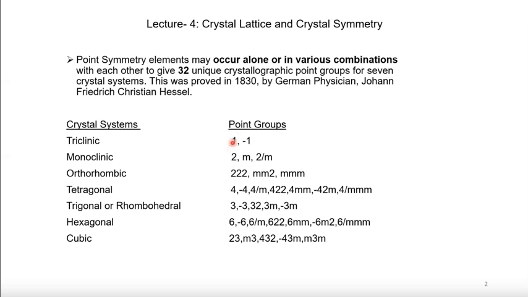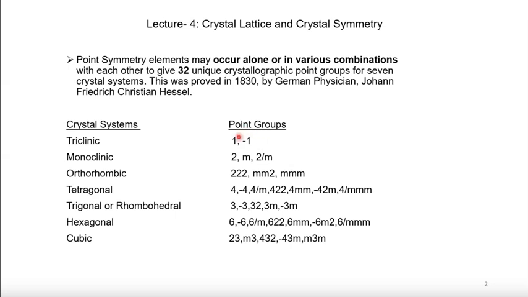So in triclinic, we have 2 point groups. One is only one symmetry element, which means we have a 360 rotation to get our equivalent position. But we also have another point group, which is created by a center of symmetry.